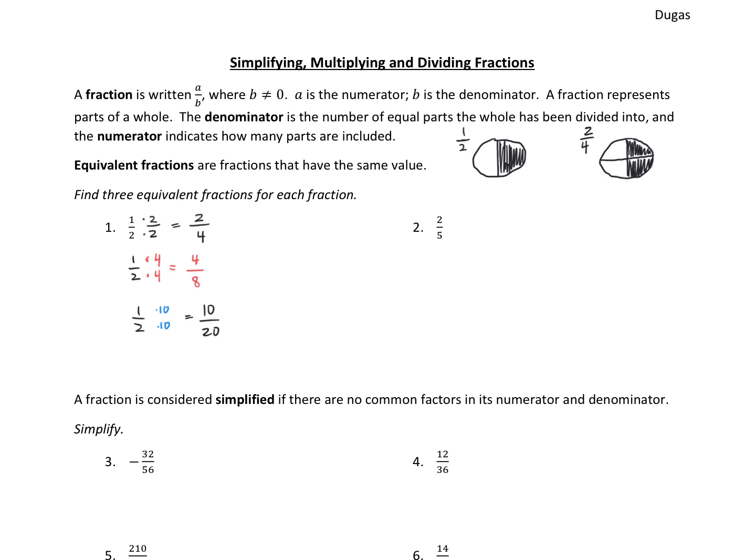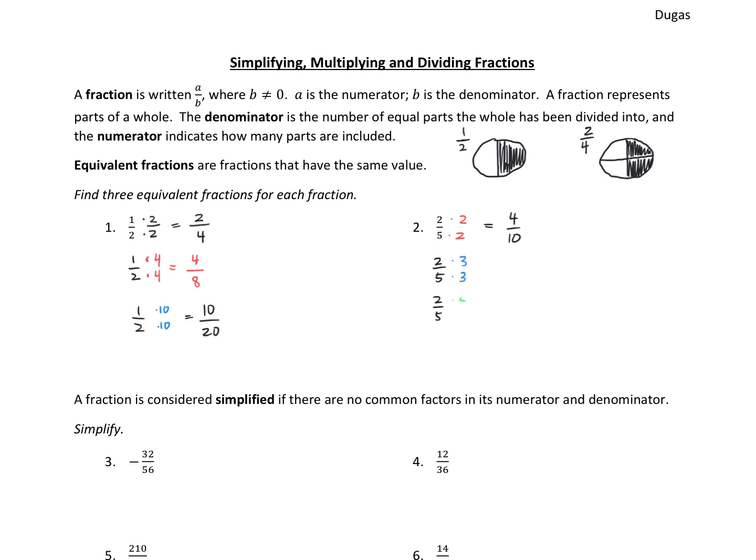So I can do the same thing with 2/5. So let's say I pick 2. That will give me 4 over 10. Okay, let's say I also pick 3.